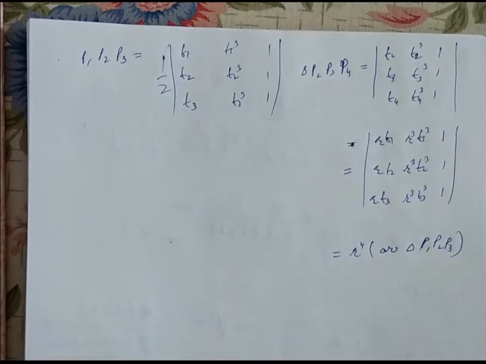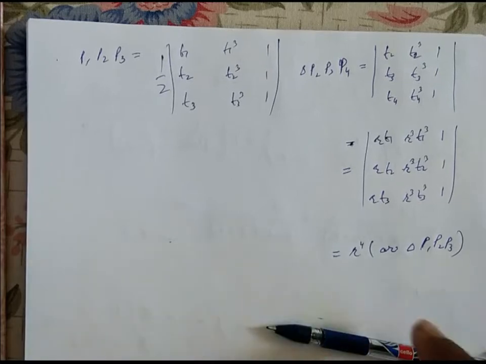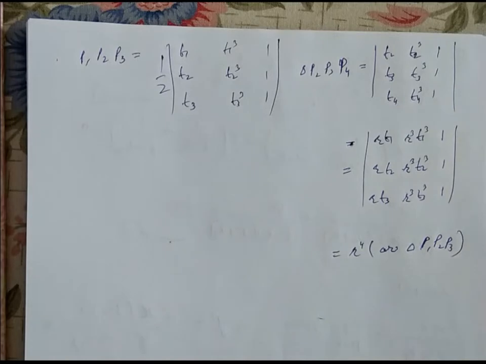Okay, and we know that R over here is -2, hence the ratio of areas of the triangles would be 1:16. Okay, moving on to the next question, question number 10.